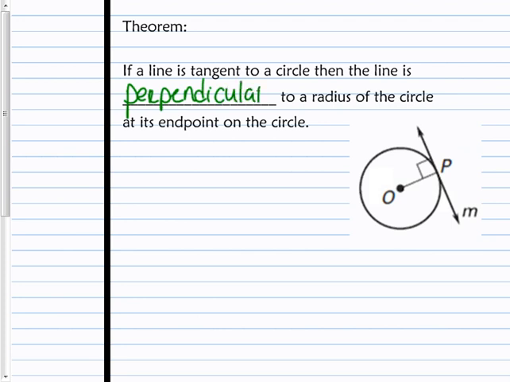There we go. We know that perpendicular lines form right angles. So that means if this line is tangent, right where it intercepts, it's perpendicular to the radius.